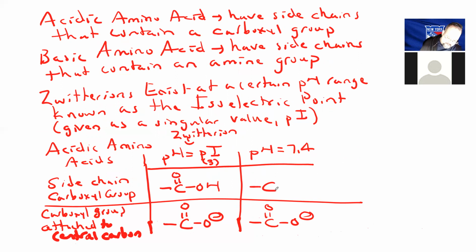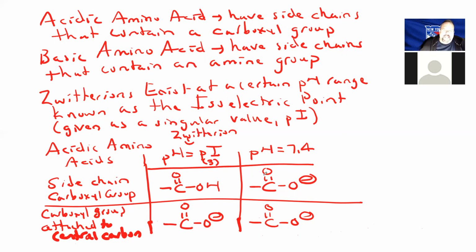The side chain carboxyl group here also has the form of C double bond O connected to O minus. And because of that, the overall charge of the amino acid does not add to 0. So you don't have a true Zwitter ion any longer.